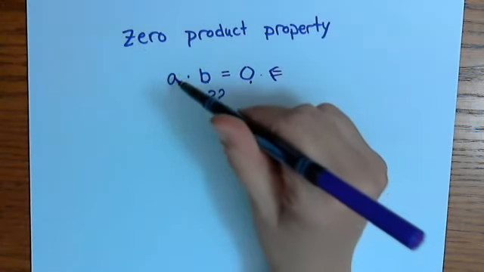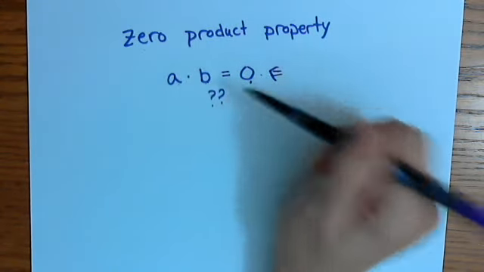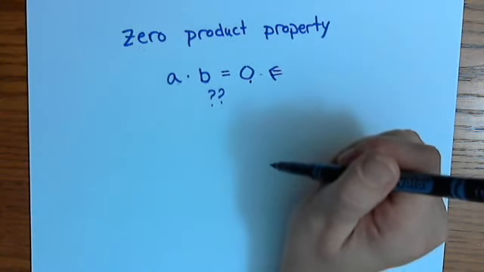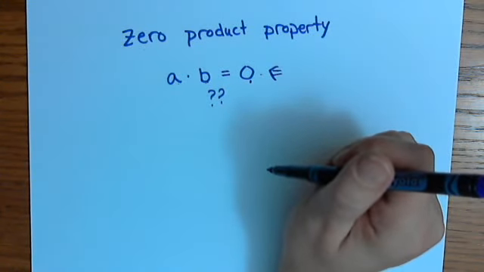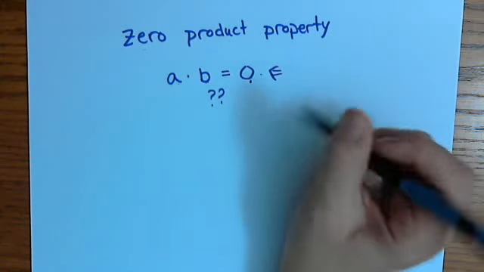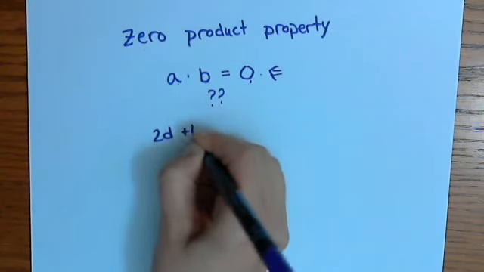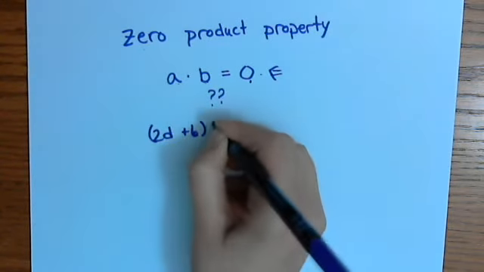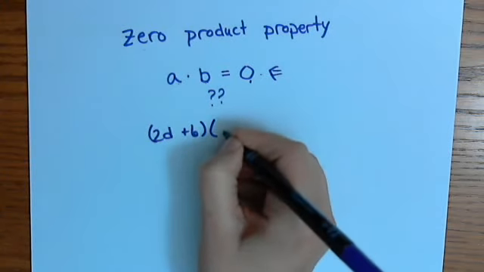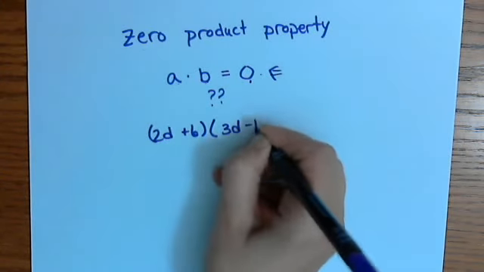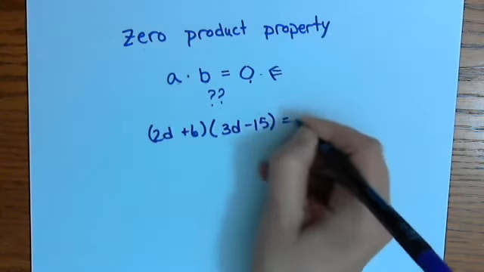I could say something that was A or B is 0. That's easy enough to think about. But maybe I have something that's more like, oh, let's say I know 2D plus 6 times 3D minus 15 is equal to 0.